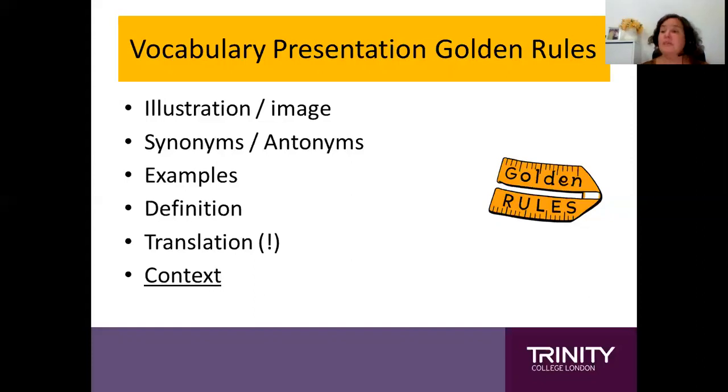A possible way of dealing with vocabulary has to do with translation. The reason why you've got an exclamation mark is because I think that we can use translation, and sometimes it's pretty valid, but there are so many ways of introducing vocabulary that I would leave translation as a last option.